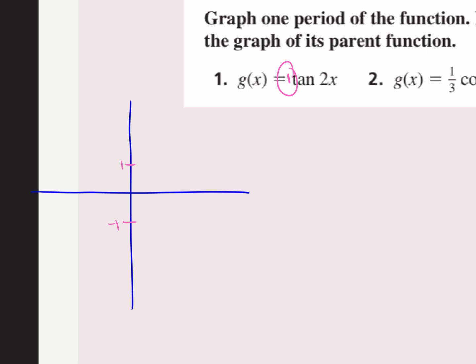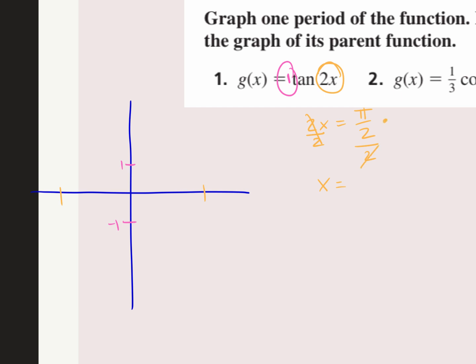Now, how do I find the asymptotes? So I set 2x equal to pi over 2. Now to solve for x, I'm going to divide both sides by 2. So we're going to keep, change, flip.